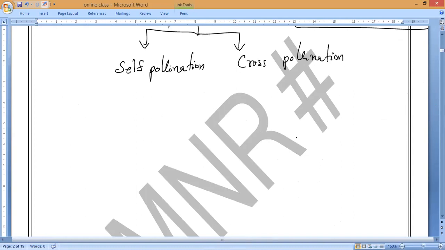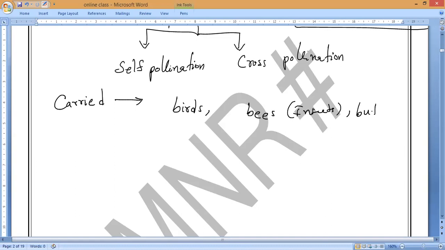First of all, you should remember that pollination is not carried out by the flower itself. Even the same flower contains them, but they won't carry out the pollination, so they need some external help. Pollination is carried by birds, bees, that is insects, and butterflies.